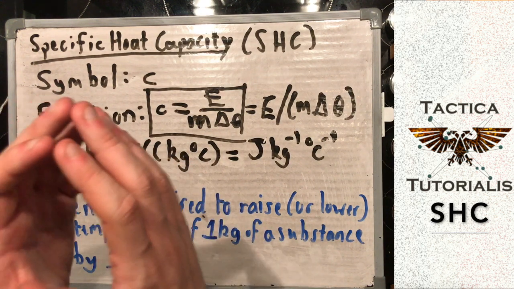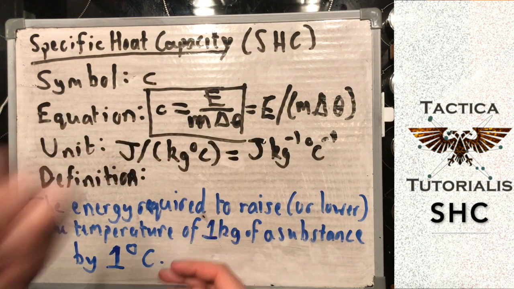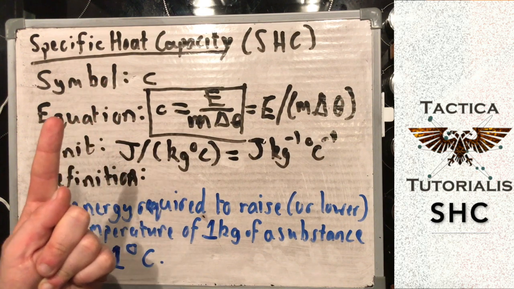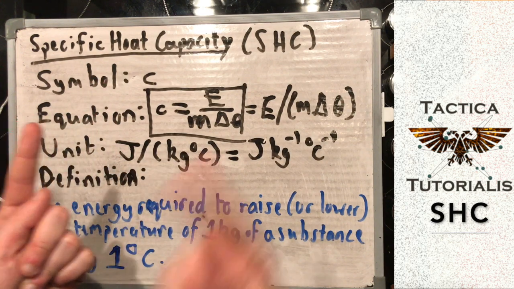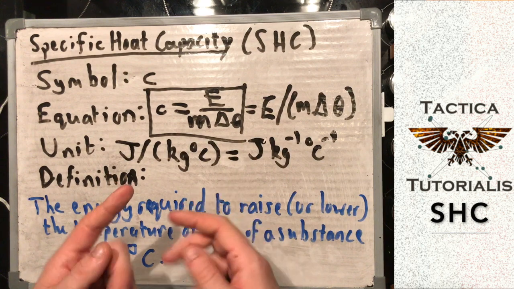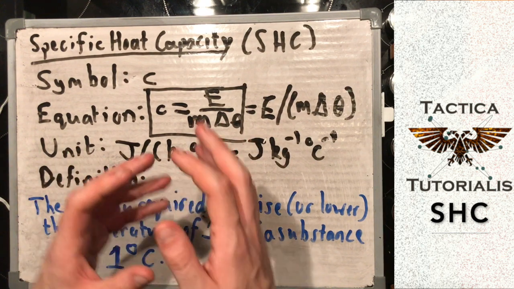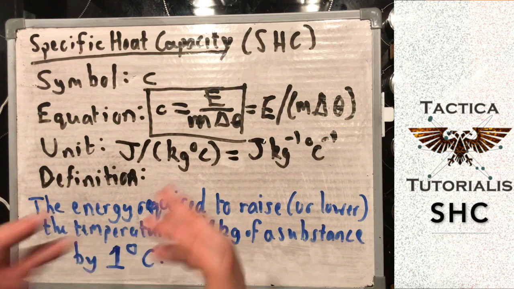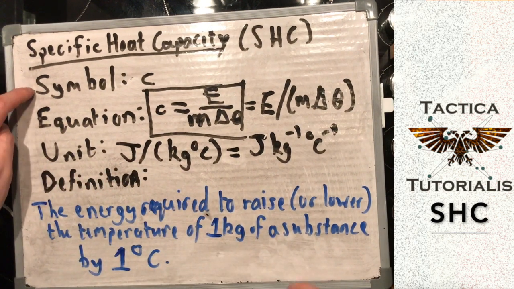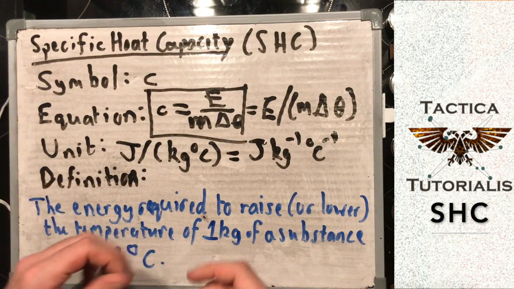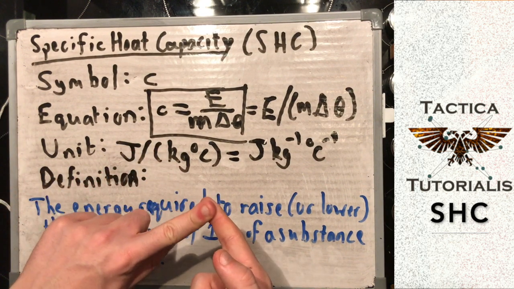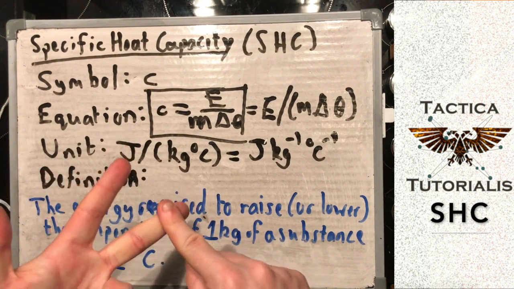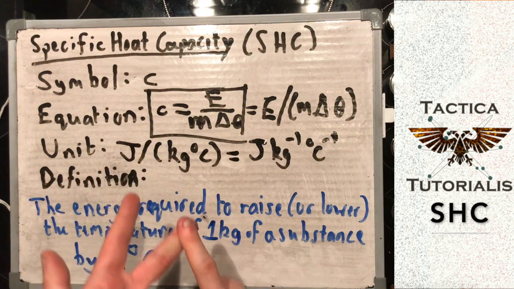So if I had 1 kg of stuff and I heated it up by 1 degree Celsius, the amount of energy I have put in to do that is equal to the specific heat capacity. It is the energy per kilogram per degree Celsius of temperature change.